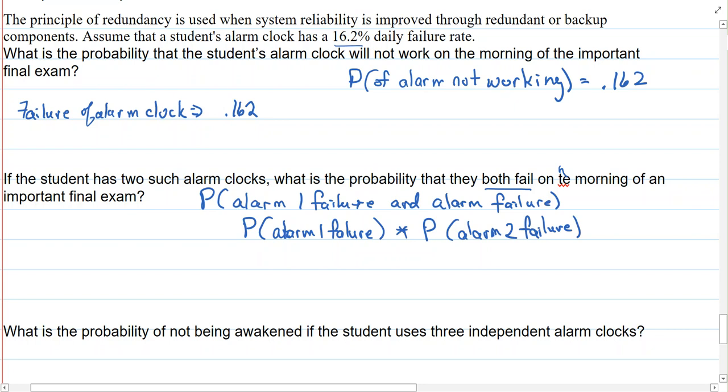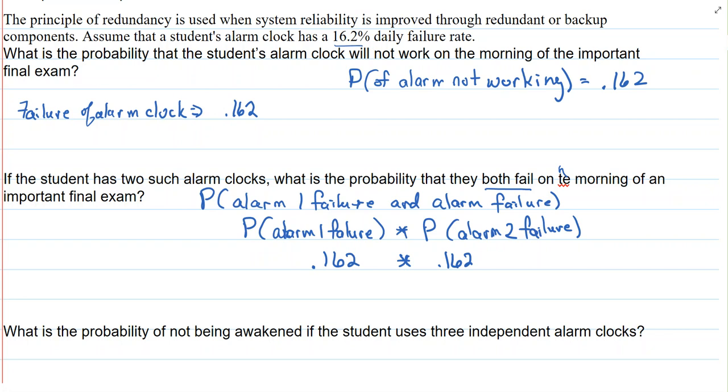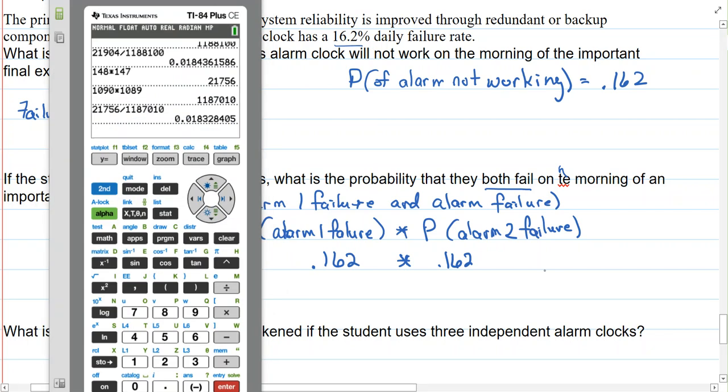So we know what we've got. We know the probability of the alarms not working is decimal 162. And redundancy means that the more we have of them, the likelihood of one of them working goes up. So let's do the math, and we're going to do it to 5 decimal places.